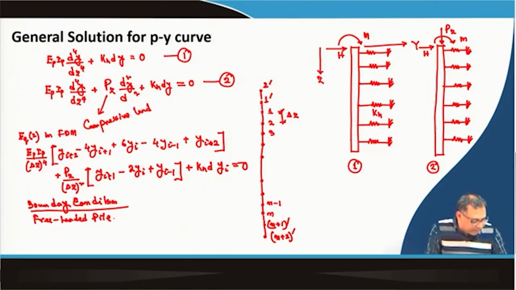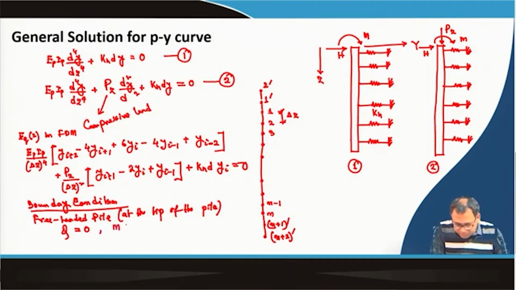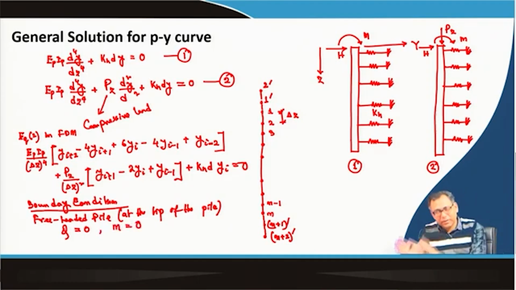For the free headed pile, at the tip of the pile, that means at the base of the pile, shear force will be equal to 0 and moment will be equal to 0, because the tip is considered as a free end, because it is within the soil and it will be considered as a free end.